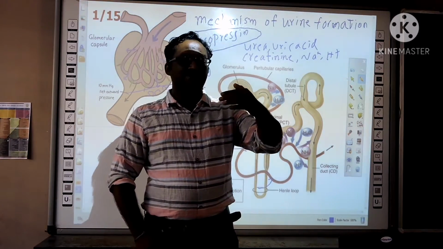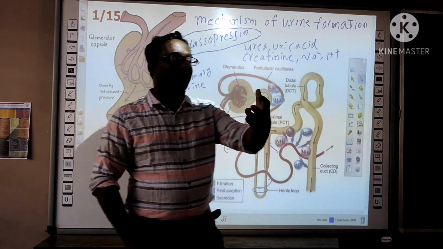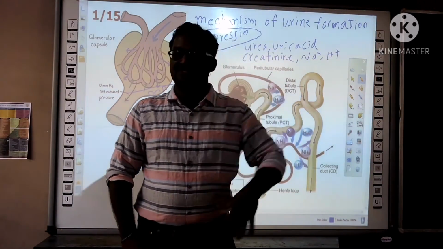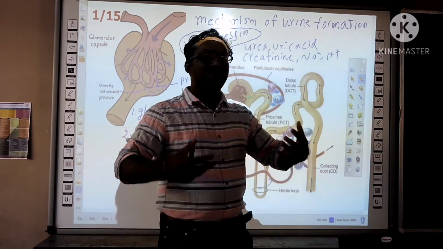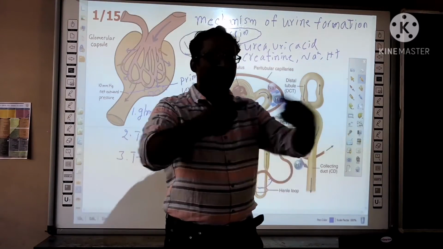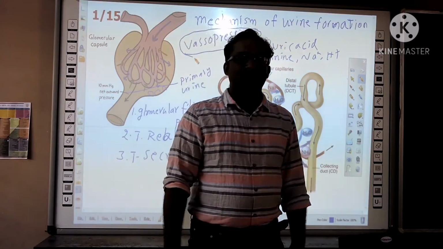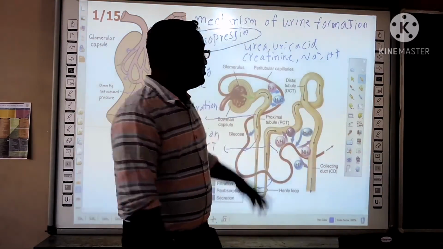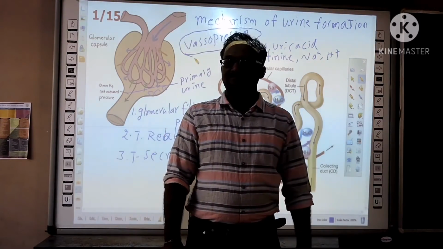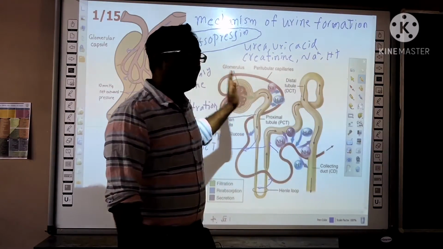If you drink excess water, or take water-rich foods, your body will get excess water. That has to be removed from the body, otherwise imbalance takes place. If you drink excess water, vasopressin is not released. So when is vasopressin released?